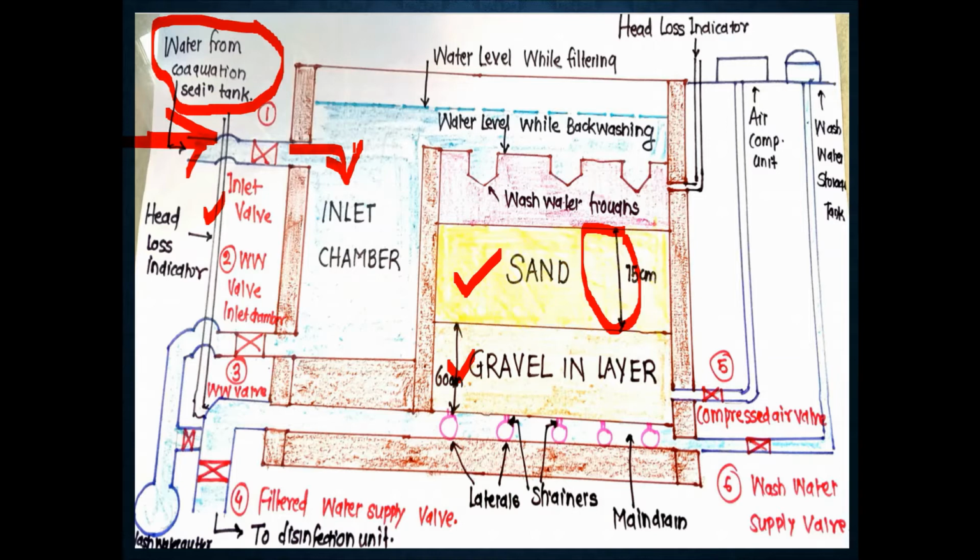We do not want turbulent flow, we want steady or laminar flow, and in that laminar manner the water should pass over the filter media, that is the sand, gravel and underdrainage system. Hence the inlet chamber reduces the velocity of flow and converts turbulent flow into laminar flow. So when raw water or influent water passes over the filter media, there are no chances of disturbing the filter media.